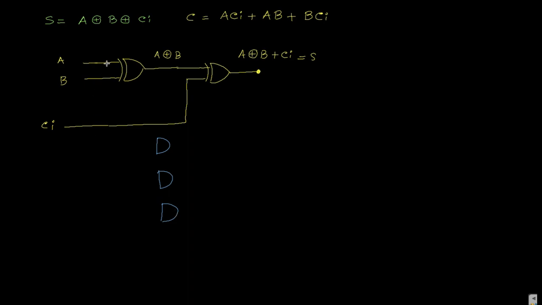Now first one is ACi. That is, one input is from A, another input is from Ci. So this is ACi. Now for the second one, it is AB.